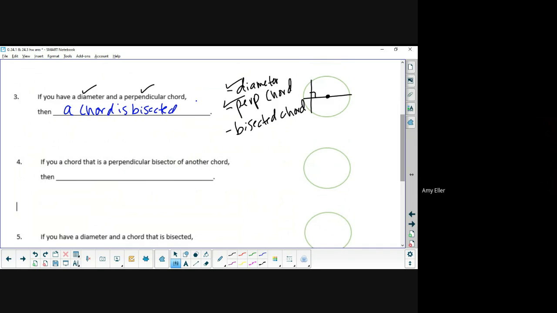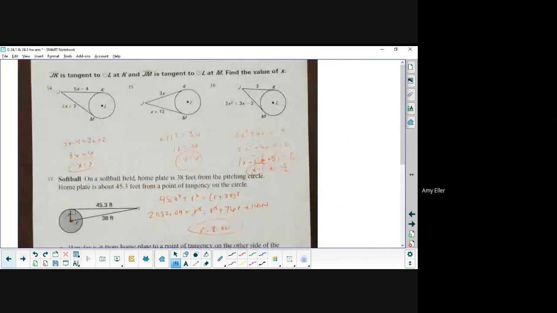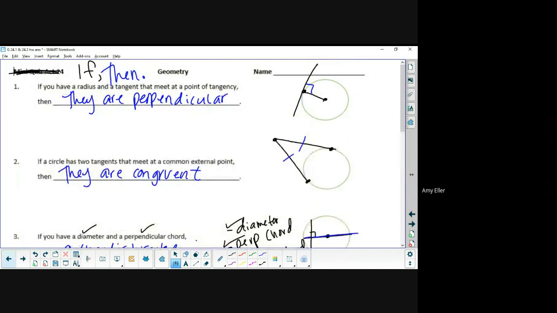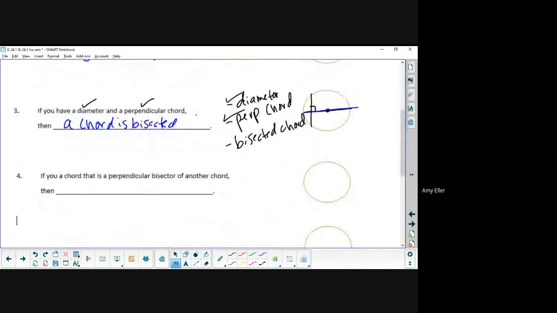Here's how you can tell which chord. It's not going to be the diameter because look at where they touch. Do you see how this chord was not cut into 2 equal parts? So both chords are not bisected. It's this chord that's bisected.